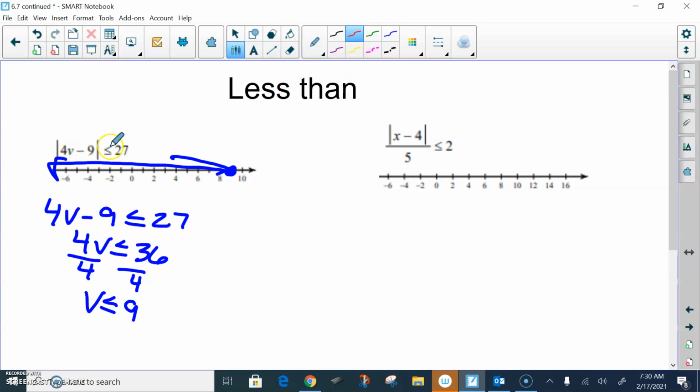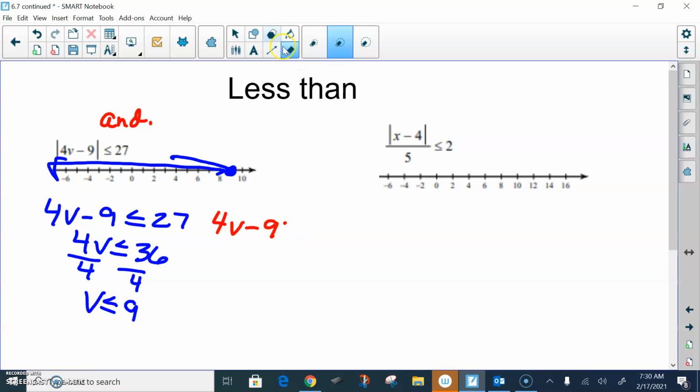It's less than, so this is going to turn out to be an and situation. So we're going to do it again. We're going to say 4v minus 9 is less, now we're going to flip the sign. It's now greater than or equal to negative 27. We're still going to add 9 to both sides.